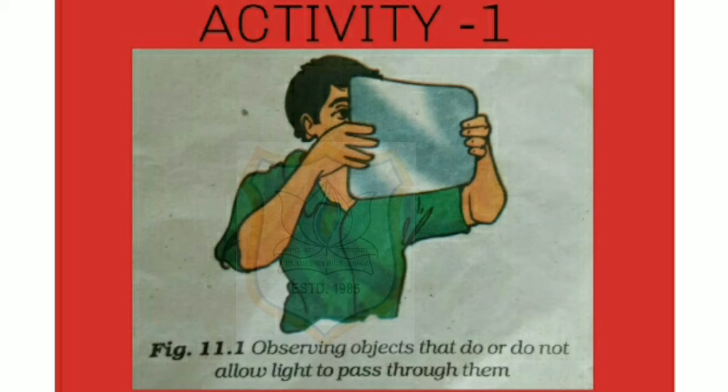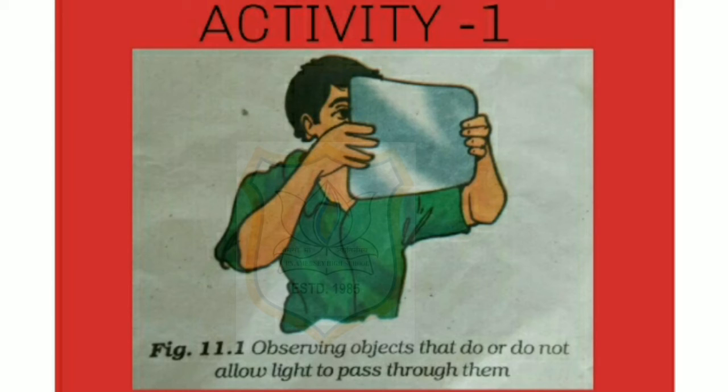Record your observations in a table. We see that a given object or material could be transparent, translucent, or opaque, depending on whether it allows light to pass through it completely, partially, or not at all.